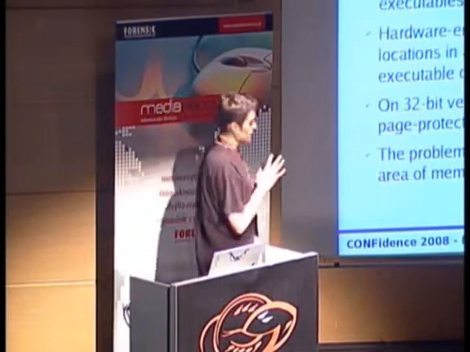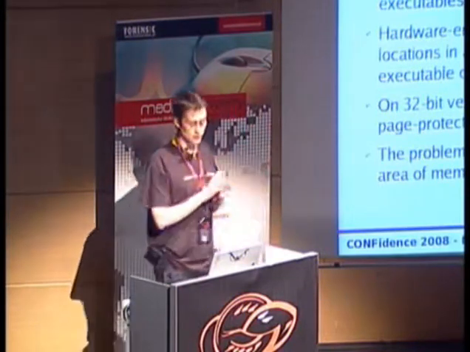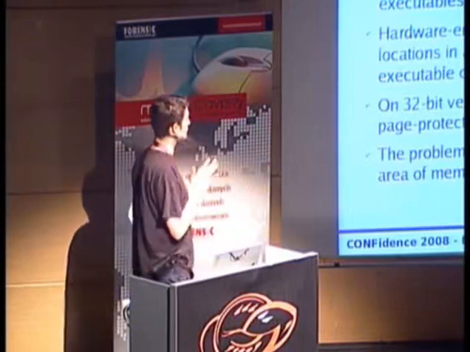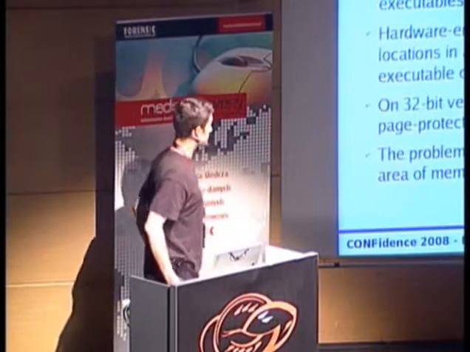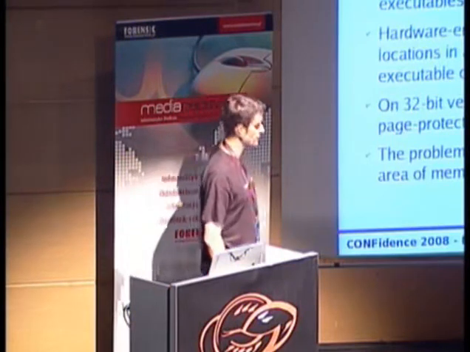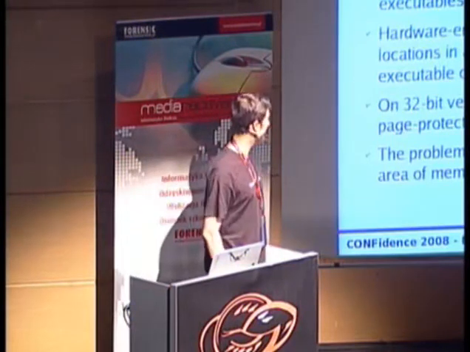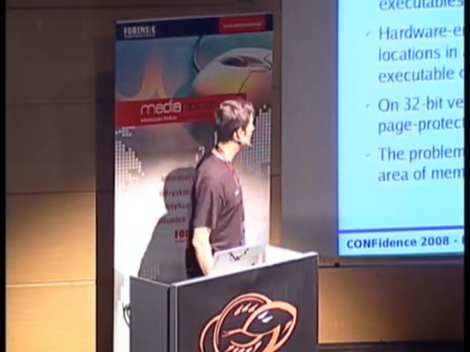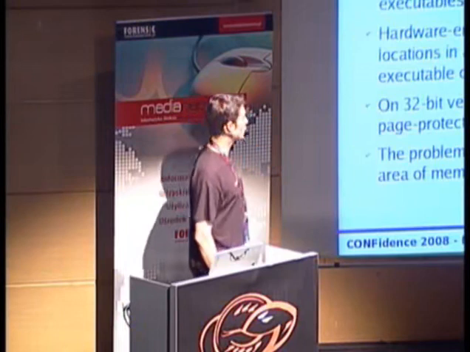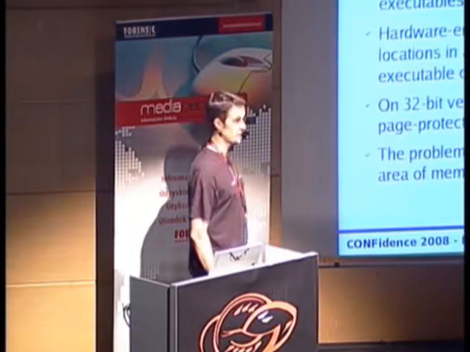There is a problem though, and that's the last problem to make it work. It's DEP, which stands for Data Execution Prevention. It's a feature that was introduced with Windows 2003 Server SP1 and also XP SP2. Basically, it disallows the execution of code in areas of memory that are not marked as executable.